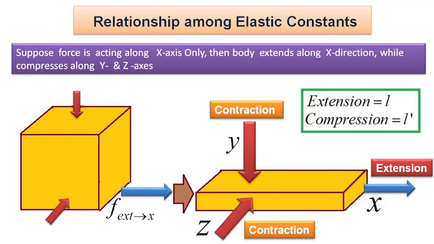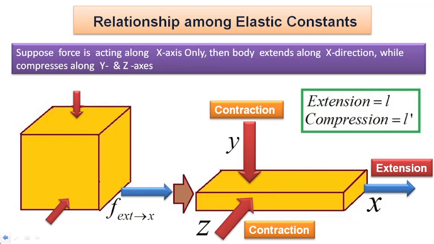Then the body extends along the x direction while compression takes place along the y and z axes. See here, contraction along the y-axis, simultaneously contraction along the z-axis and extension along the x-axis takes place.